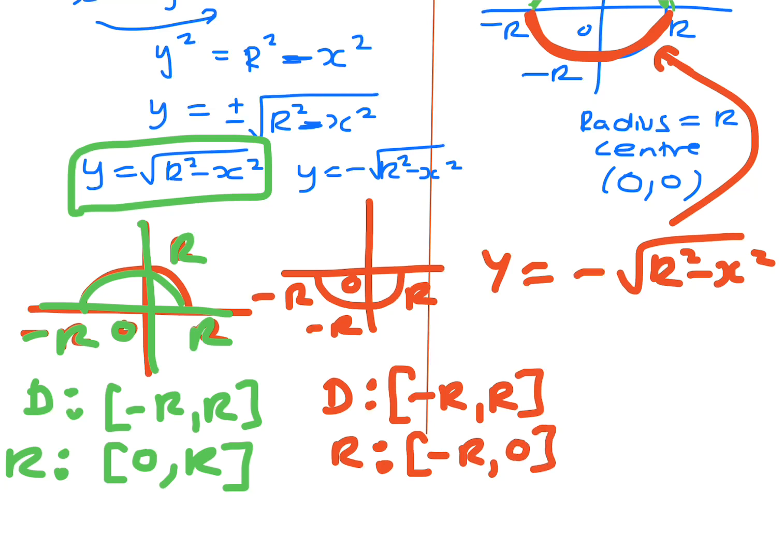Because if you look at where it goes from 0 down to minus r for the range, and for the domain, it goes along here from minus r to r. So this is minus r to r, and the other one is 0 to r for the range.